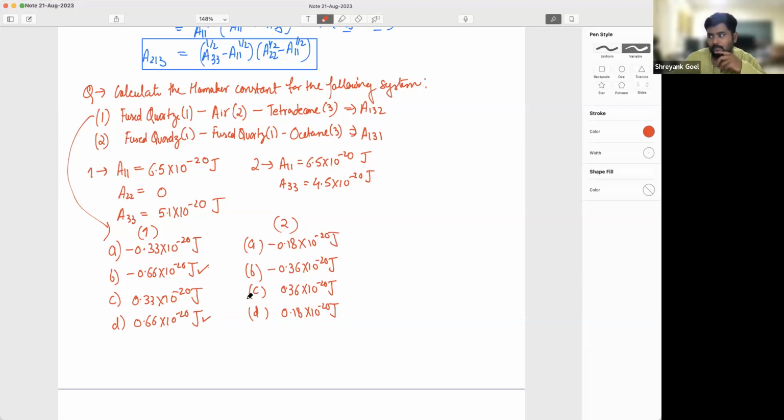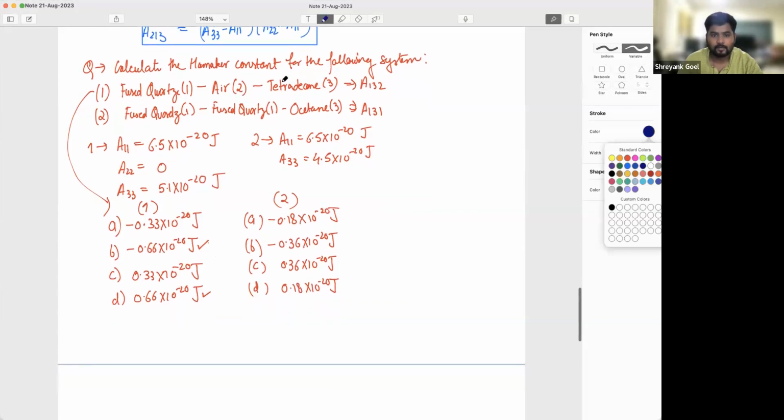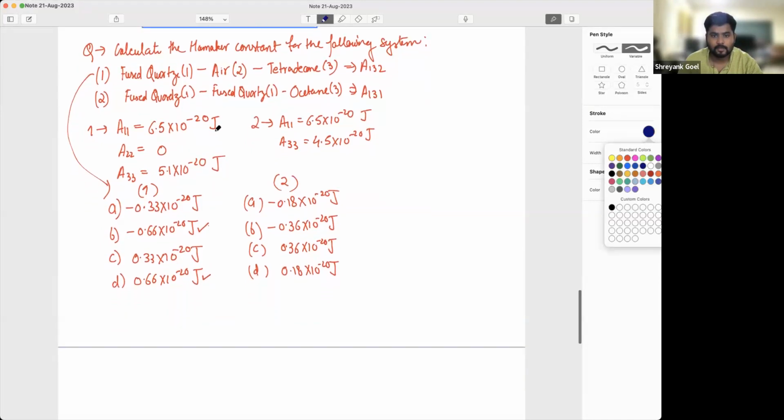We'll see. So can we solve the first one together and then see? Yes, sir. Let's try the first one. Here quartz is interacting with air in the medium, that is tetradecane.